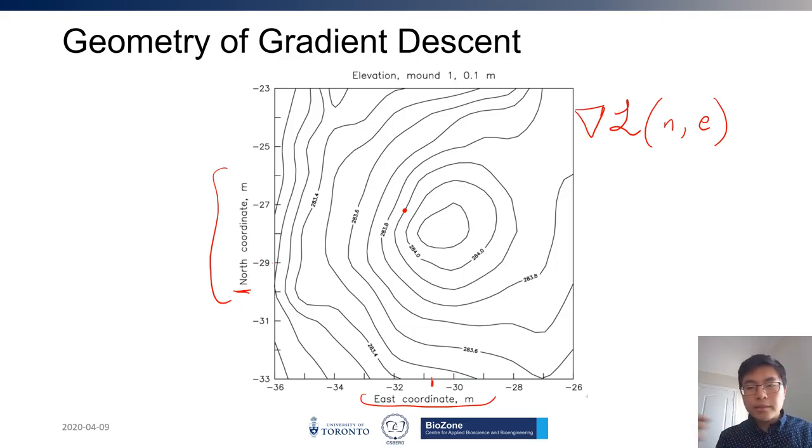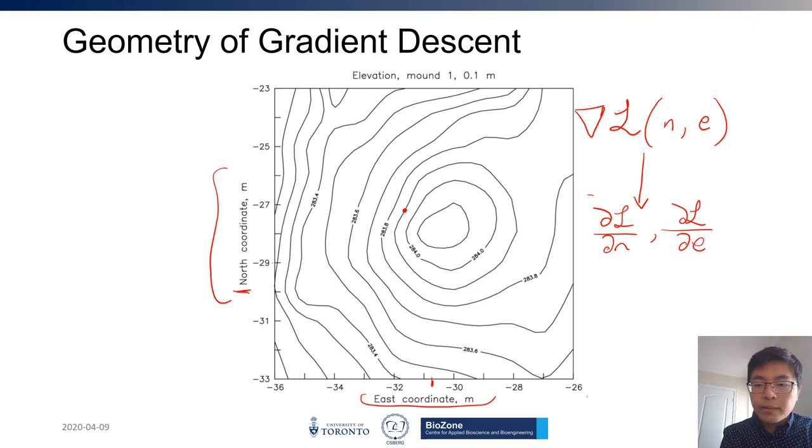The gradient is a vector of partial derivatives. It's going to give you a vector: ∂L/∂N, comma ∂L/∂E. And it's a vector.